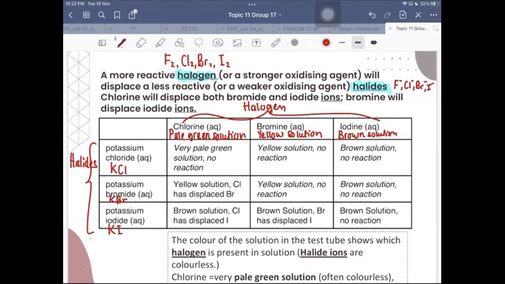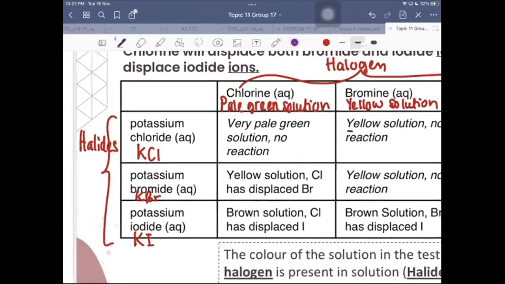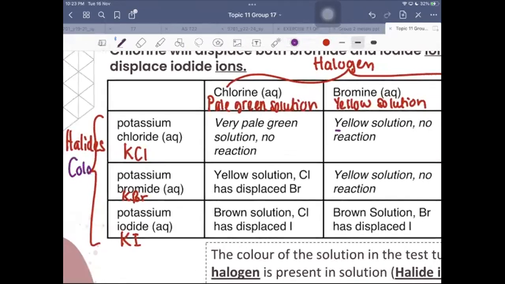Whereas all your halides are colorless. Please bear this in mind. They are all colorless. Students always think that potassium chloride is just like chlorine, green in color.